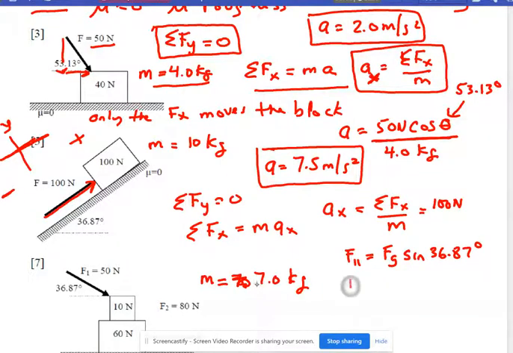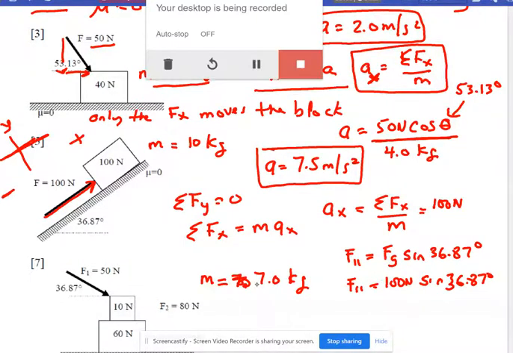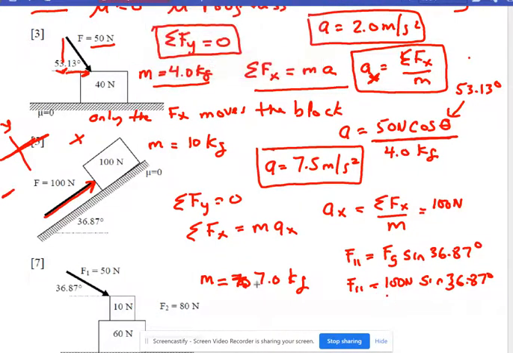So let's see. F parallel equals 100 newtons times sine 36.87 degrees. That's my negative force, the parallel component. Remember, the parallel component acts down the ramp. So F parallel equals 60 newtons.